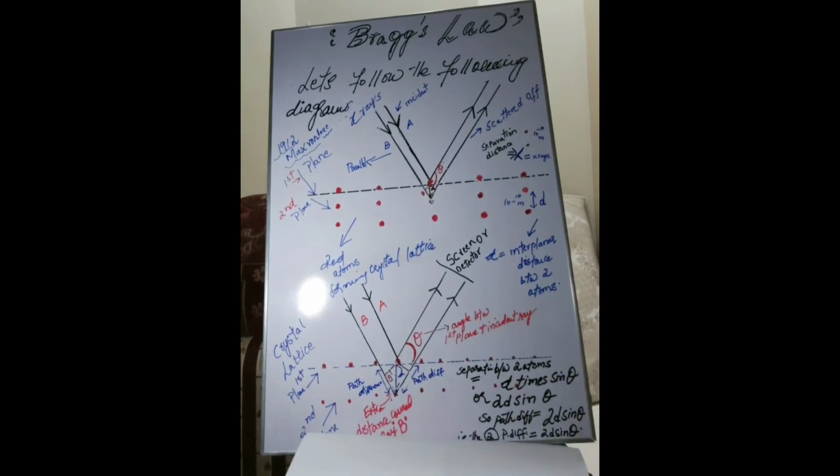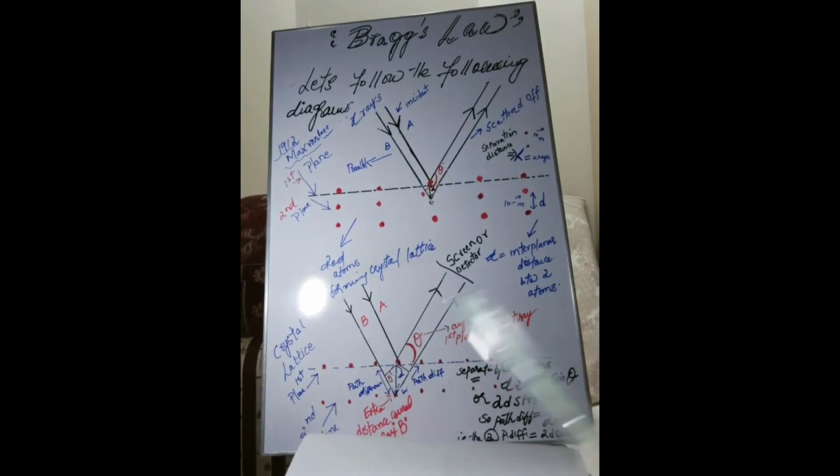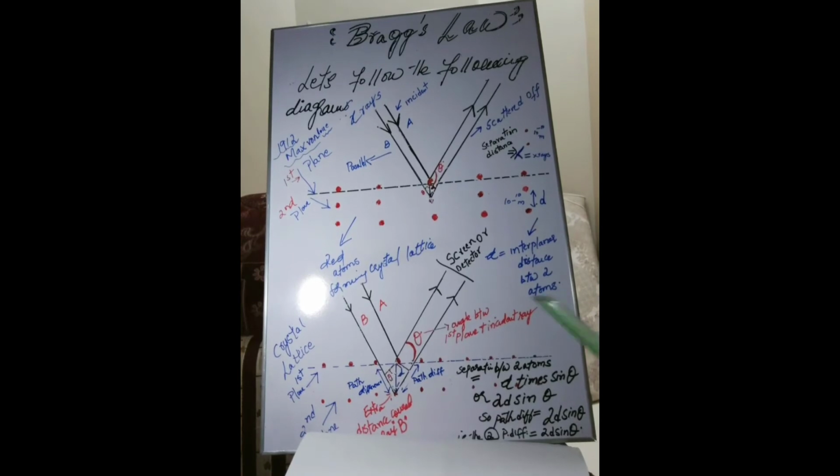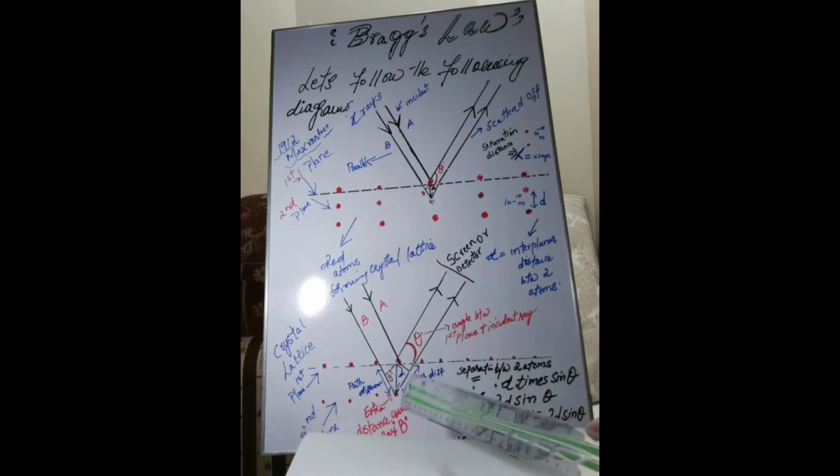Now this relationship is called Bragg's equation, that is n lambda equals 2d sine theta, where n is a positive integer. It can be 1, 2, 3 or 4, and d is the separation between any two atoms.